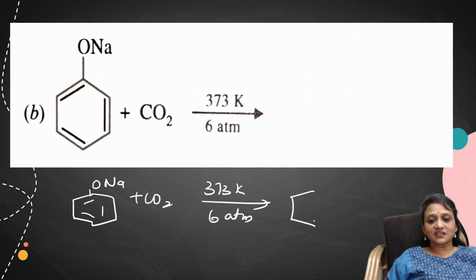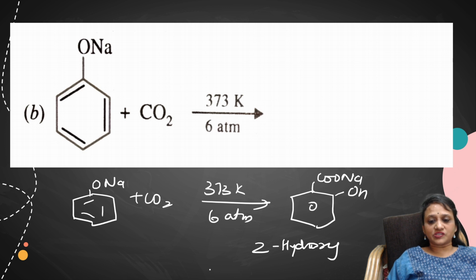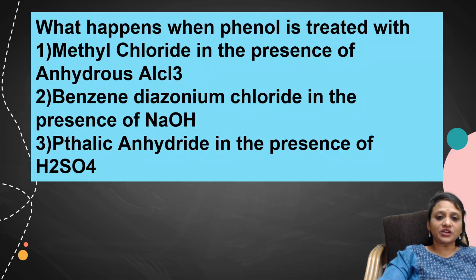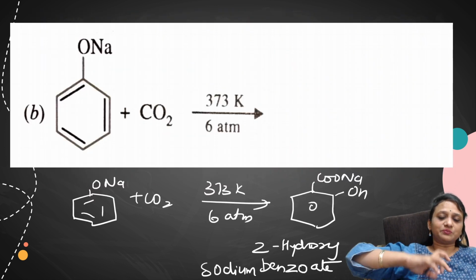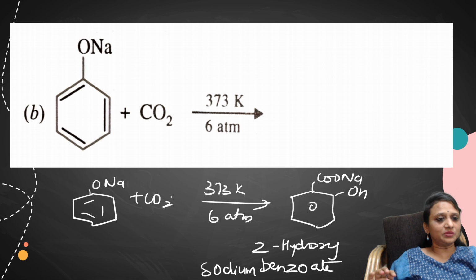It's going to get converted to a compound, nothing but 2-hydroxy sodium benzoate. Got it, students? Simple as that. So what did we do? Before I go to the next question, what did they do? They have taken that compound, they have asked me to complete the reaction. So I saw the reaction conditions and I automatically wrote the product.